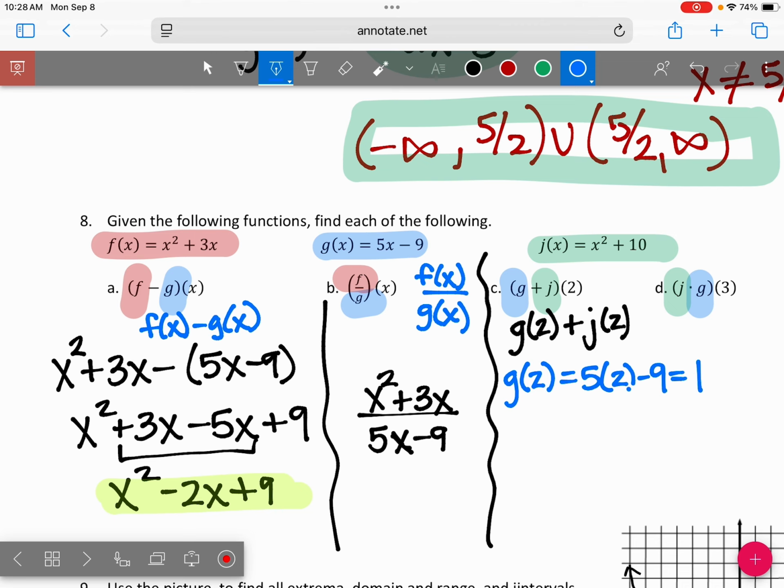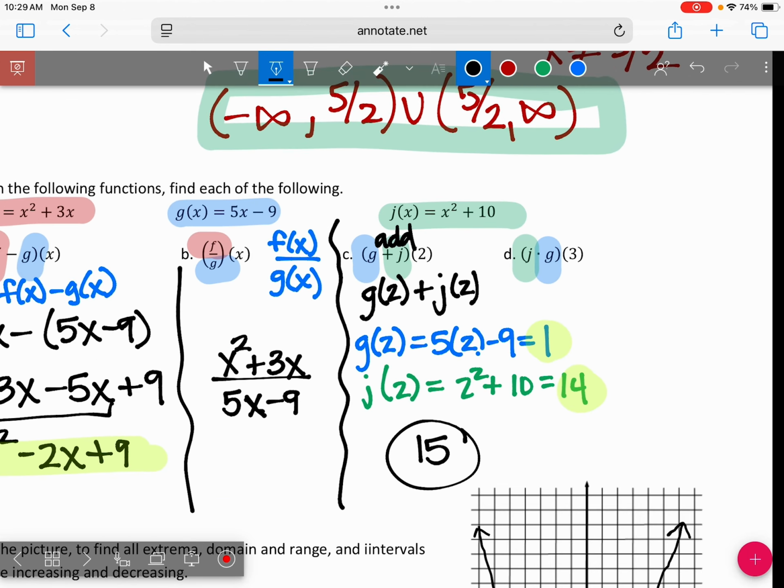And j of 2 is 2 squared plus 10. 2 squared is 4, and 4 plus 10 is 14. Then I simply need to add these 2 numbers together, so my final answer is 15. If it said subtract, I would do 1 minus 14. If it said multiply, I would do 1 times 14. But this says add, so I'm going to add them and get 15.